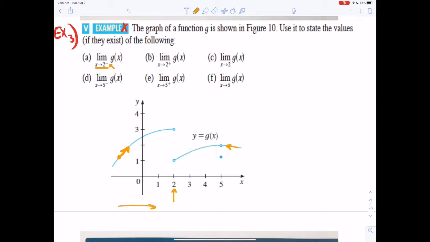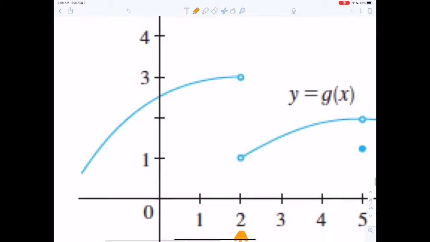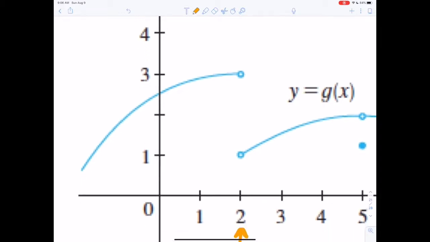Okay? So here we go. So you follow the graph as x gets arbitrarily close to 2 from the left. Where does it go, right? So I'm going to go ahead and start at 0. Okay? So when x is 0, the graph is right up here. Okay? So this right now is when x is 0. And as x gets closer to 1, it gets to this value here.